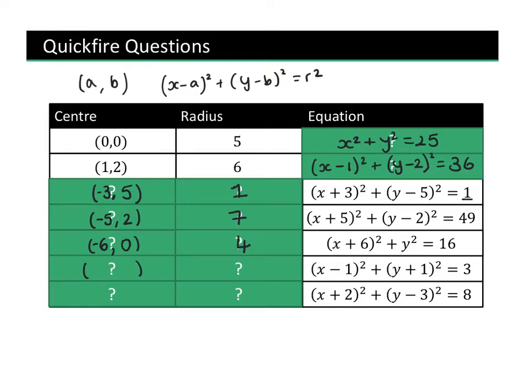For the next one, my coordinates are going to be (1, -1), and my radius, square root of 3. For the next one, my coordinates are going to be (-2, 3), and my radius, root 8, which we could also write as 2 root 2.